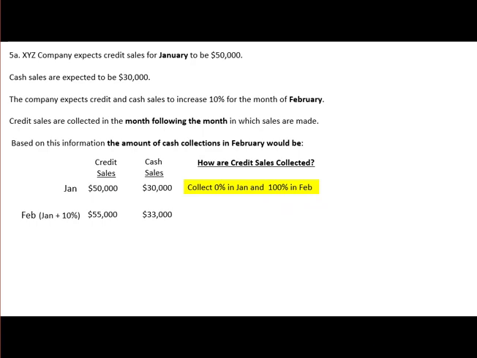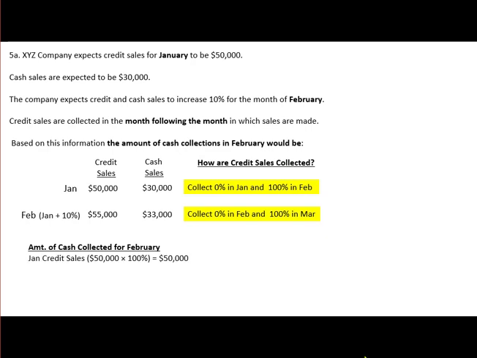Now for February sales, we collect nothing in February and 100% in March. So going back to the original question, the amount of cash collections in February would be the January credit sales of $50,000 times 100%, or $50,000, and it would be the February cash sales, which would be $33,000. Add them together, the total is $83,000.